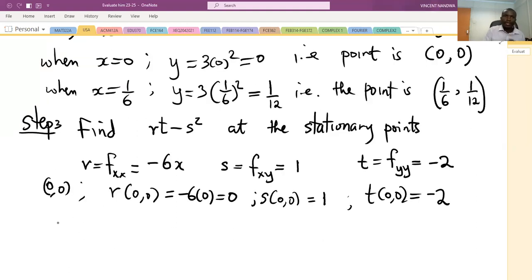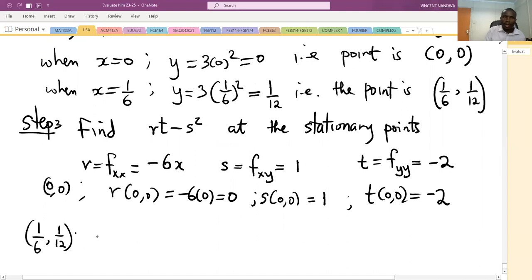And then for the point 1 over 6, 1 over 12, R at this point will be negative 6, with the x value replaced by 1 over 6. So this will give us negative 1.